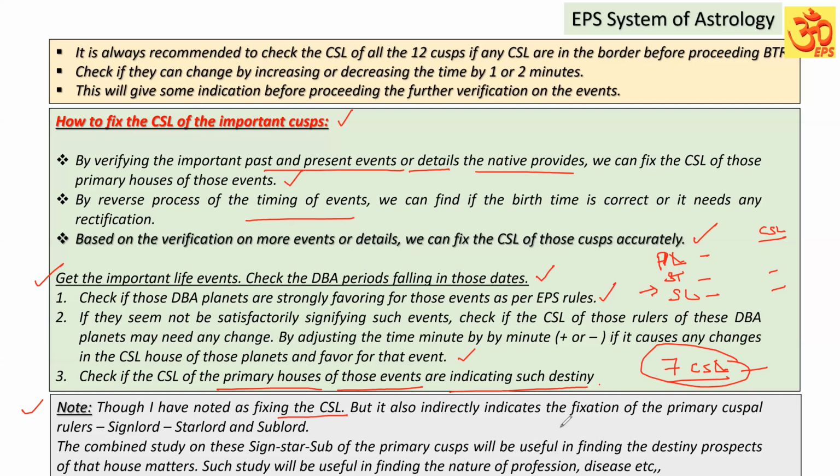And also the 10th rulers, sign lord, star lord, and sublord, will be useful in finding the nature of profession. Suppose somebody says he is in so-and-so profession. If you study the 10th rulers, including the cuspal sublord of the 10th house, and it matches the profession he is talking about, then that will also be more useful in fixing the cuspal sublord of the particular house matters. I hope you got it.